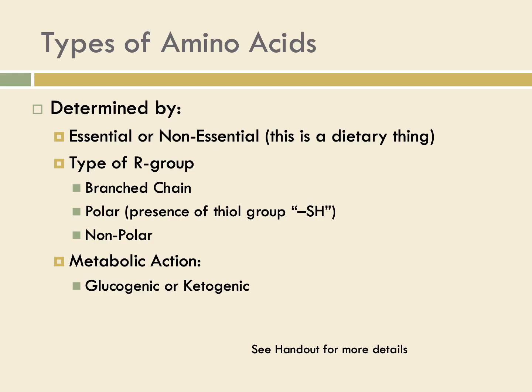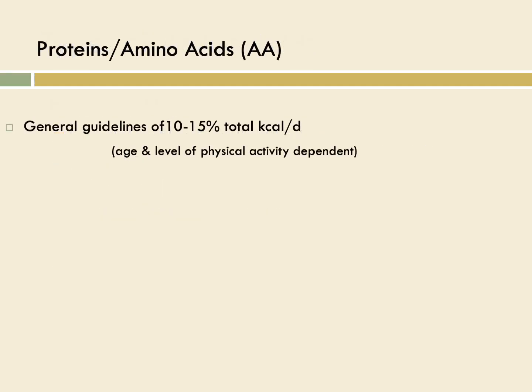When we talk about consumption, the guidelines generally have somewhere between 10 and 15% of total energy demand based off of amino acids or proteins. This guideline, however, is a rough estimate. In fact, there's very little agreement in terms of what is the actual bare minimum for protein consumption.